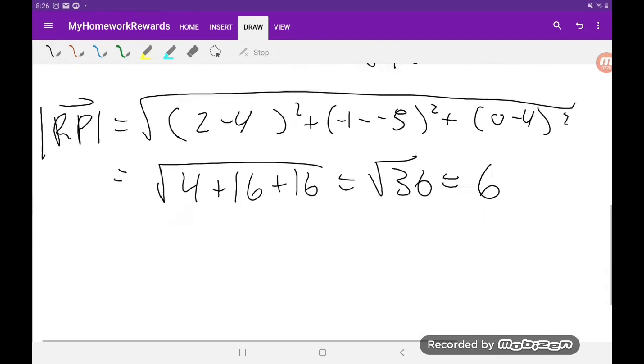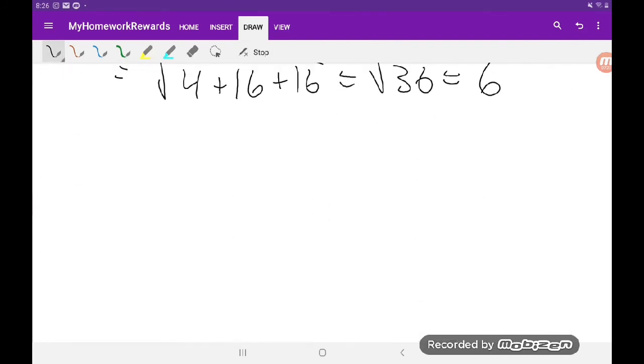We'll check if a squared plus b squared equals c squared. So the only tricky part here is figuring out which one is c. That's going to be the hypotenuse, which is going to be the longest side length, which actually ends up being QR. So 3 times the square root of 5 is larger than 6.